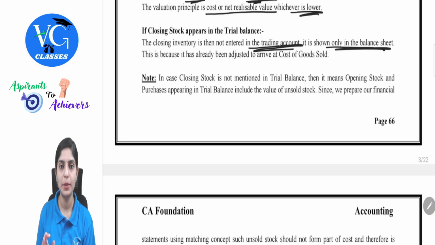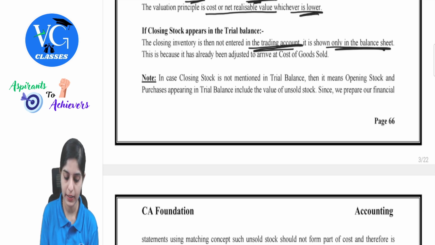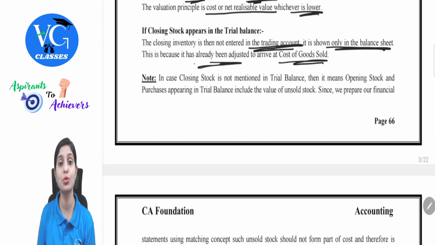So what is the summary here? If the closing stock is appearing in trial balance, it will only be shown in the balance sheet asset side. It will not come in trading account. What is the reason? This is because it has already been adjusted to arrive at cost of goods sold.